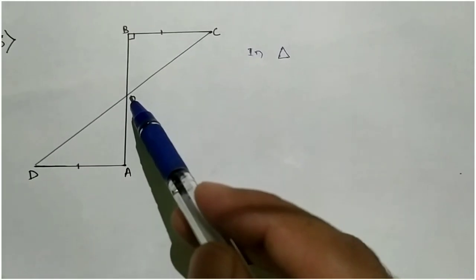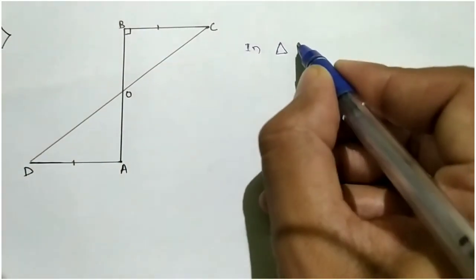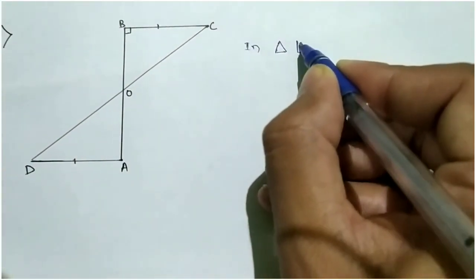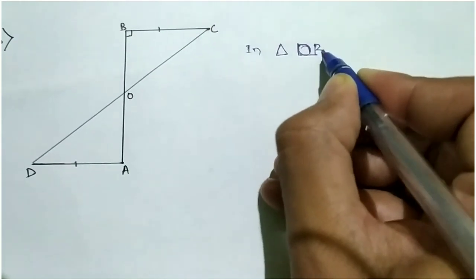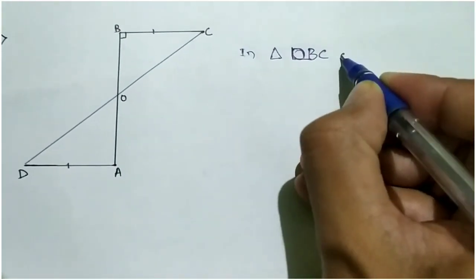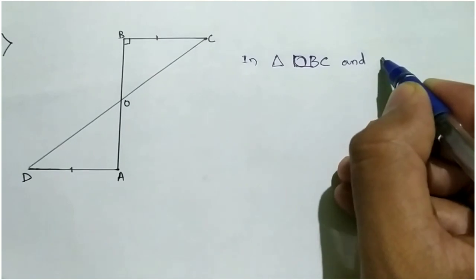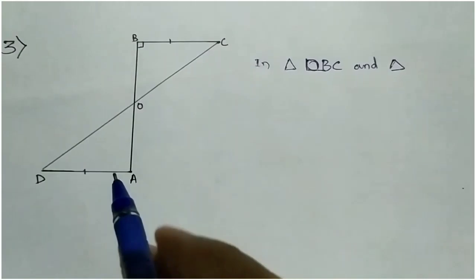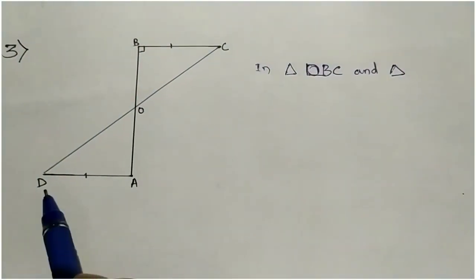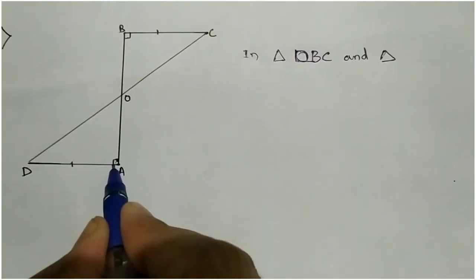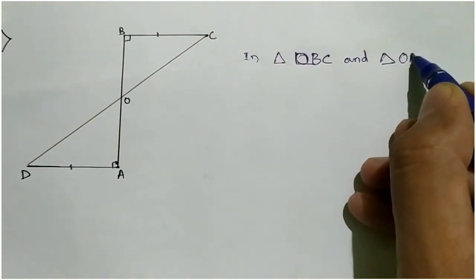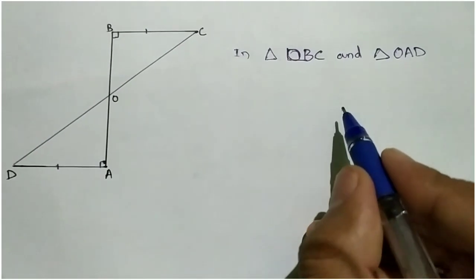First triangle is BOC, or else OBC, and triangle OAD. Here it is making 90 degrees.